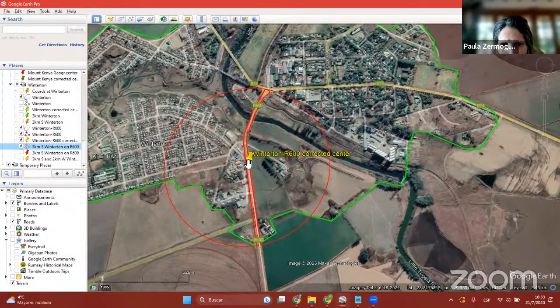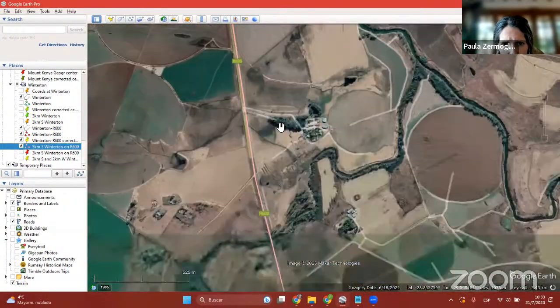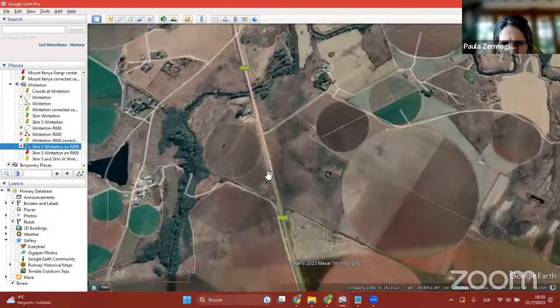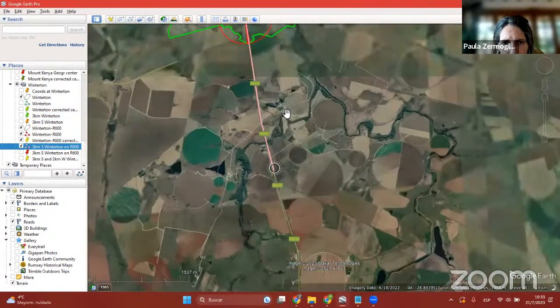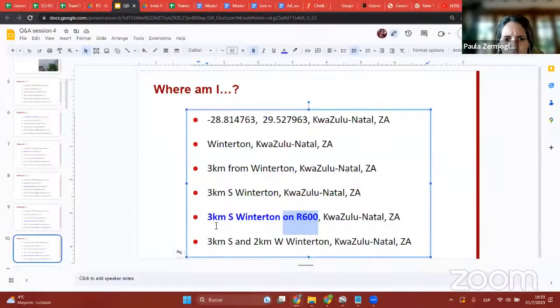And so I started in pink, with a pink line. I started from there and I went on R600 until I reached a distance of 3 kilometers that ended around here. So I will say it again. We have a description that says 3 kilometers south on R600. This is a distance, but it is on a particular path.